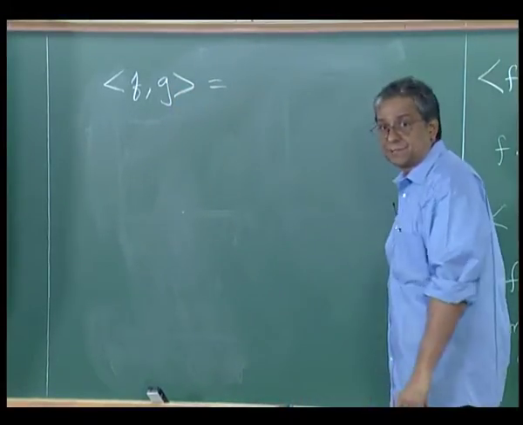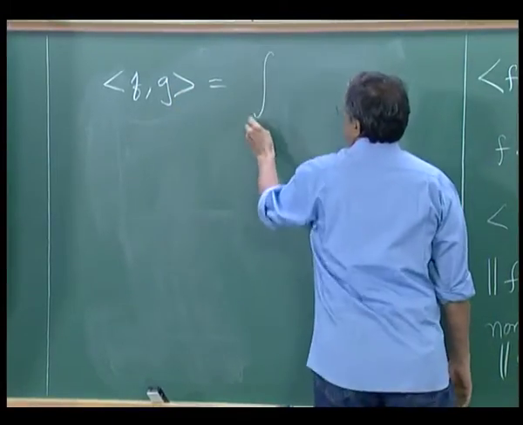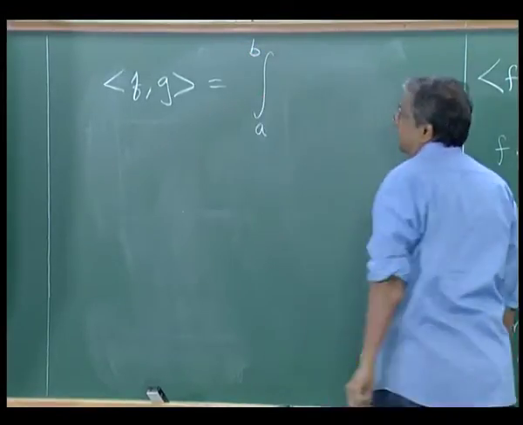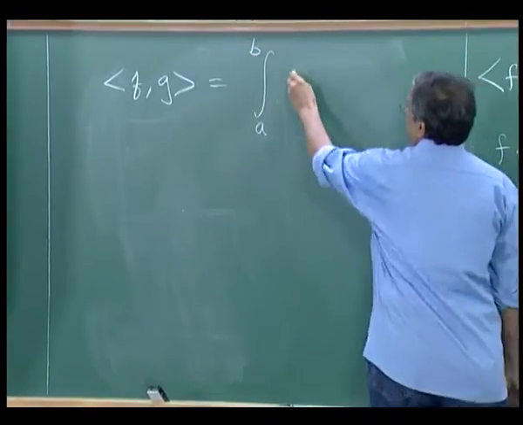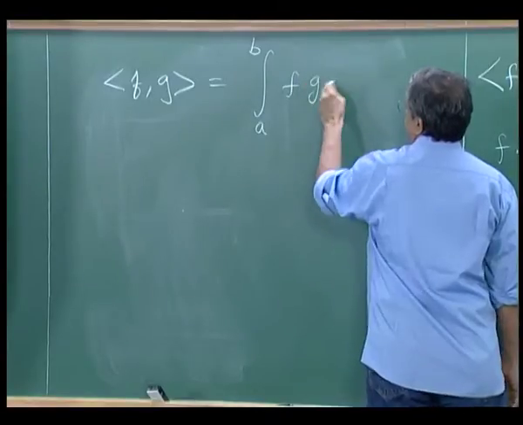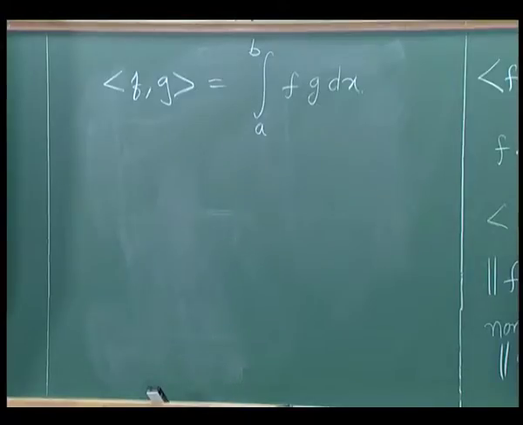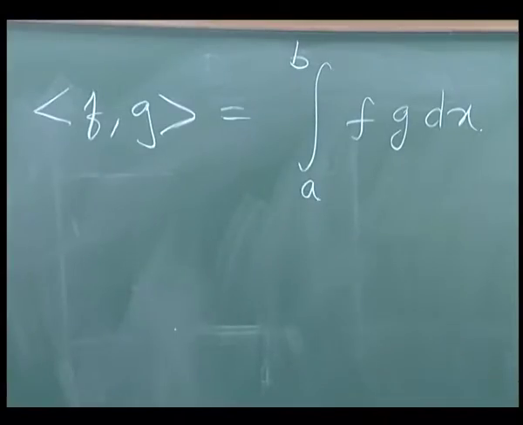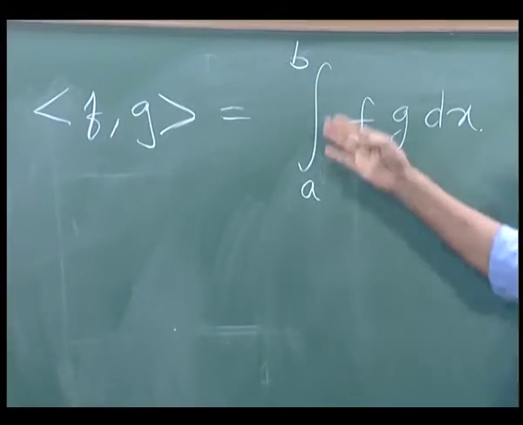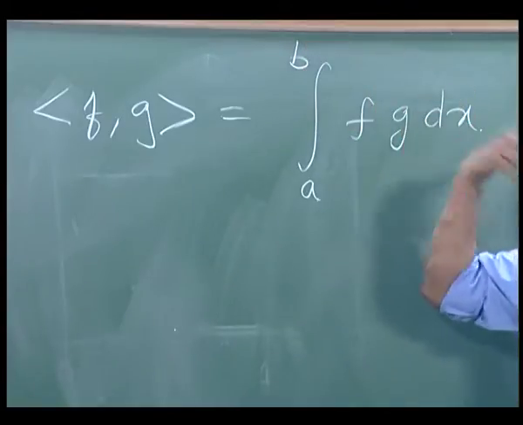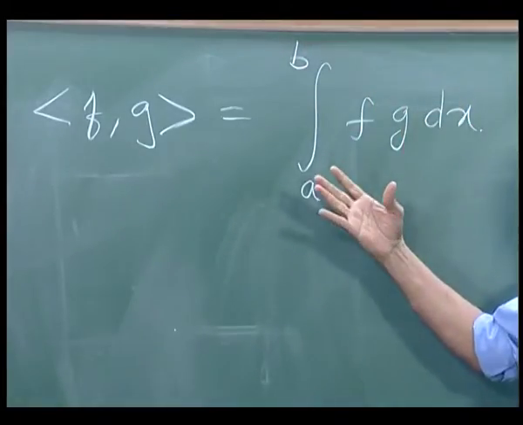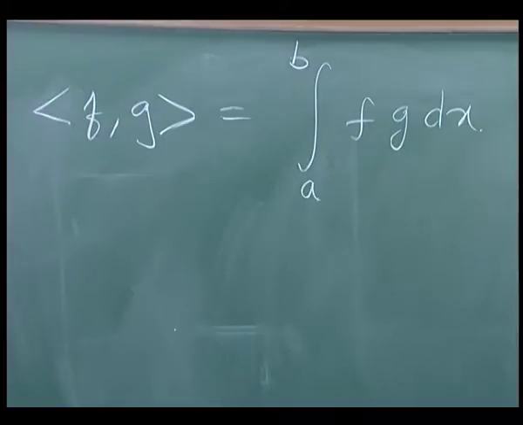We repeat the process, but in this case the functions could be defined between any two limits a and b, and you could define it as the integral of f g dx. Here f and g are functions that take a real number and return a real number. Is that fine? So in general it need not be 0 to 1. I will do everything here from 0 to 1, but in general the definition is not restricted to 0 to 1.